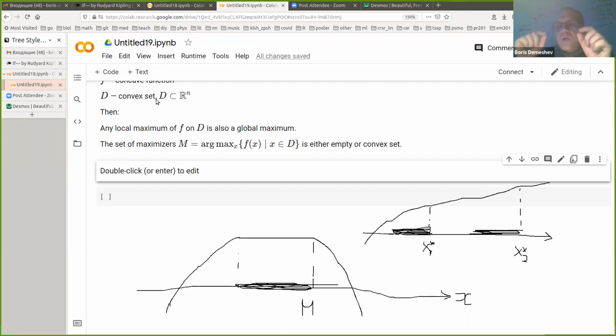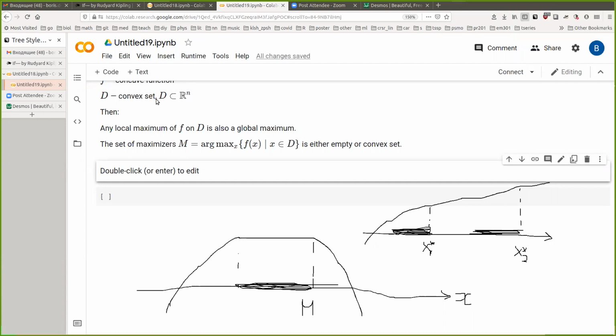And in the two-dimensional case, the same thing will happen if you have a non-convex set like a moon. You may have a small extremum on one end of the moon and a big extremum on the other end of the moon, and you would like to go there, but it's impossible because the set is non-convex.